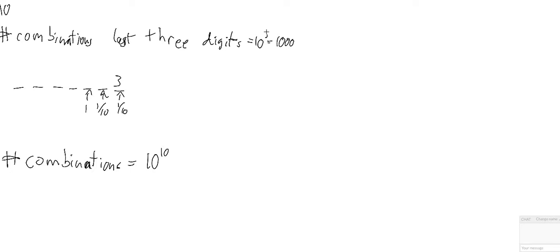For the second to last digit, it has a 1/10 chance of being 3, but a 1/9 chance of being in that position because the last position is already taken, so we only have 9 spots left. So it'd be 1/10 times 1/9, so 1/90.